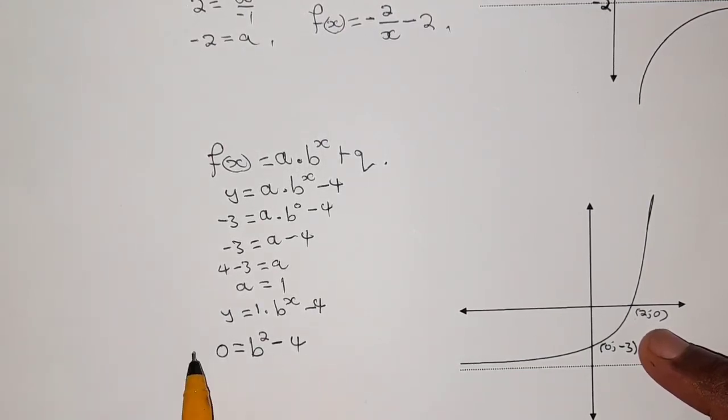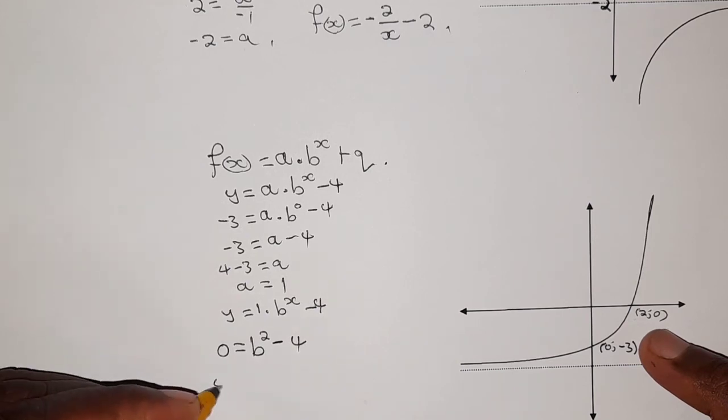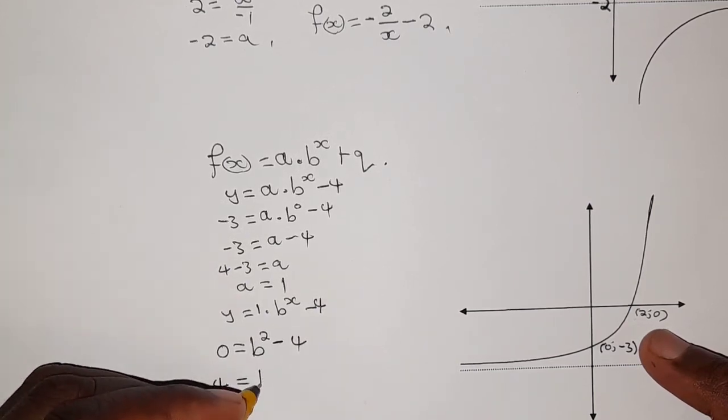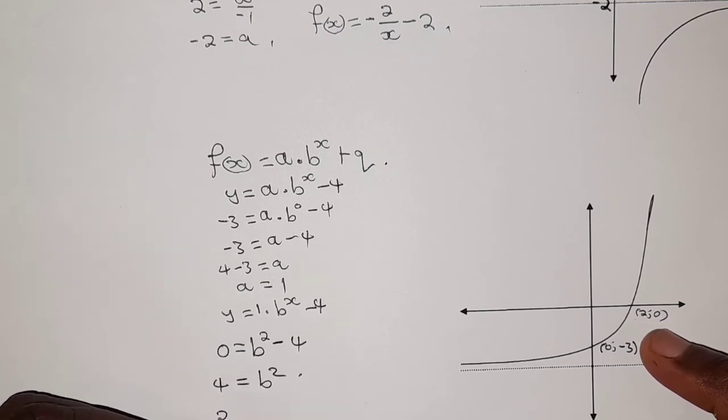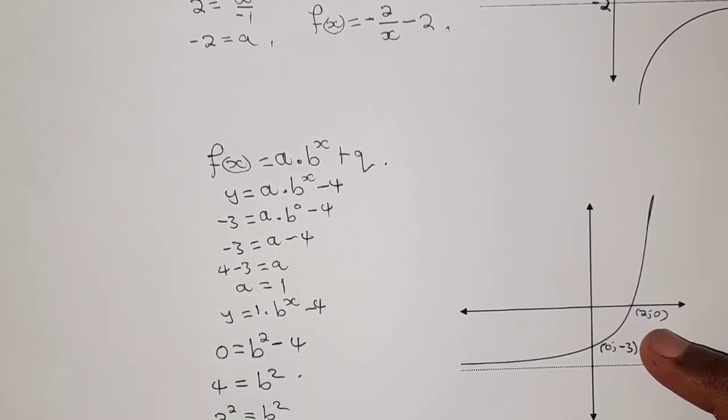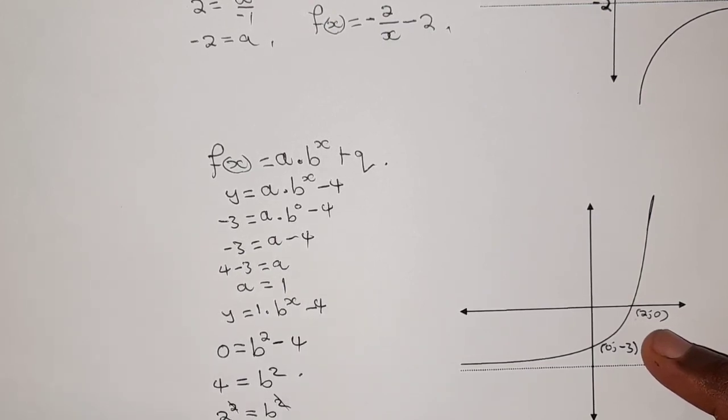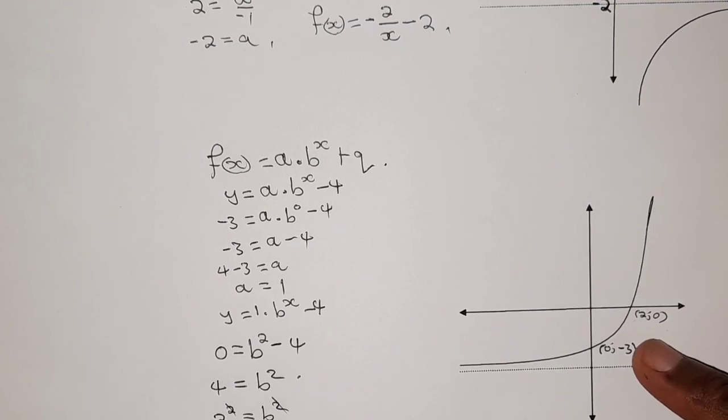The minus 4 goes to the other side, it becomes positive 4 is equal to b squared. This is a basic exponential equation. We can put square roots to both sides, or we can simply write the 4 in exponential form, and then we have the same powers, so we just take the bases. b is equal to 2.